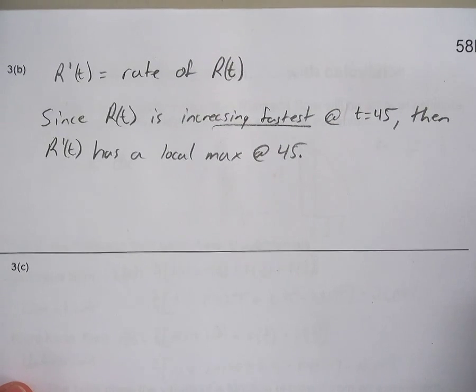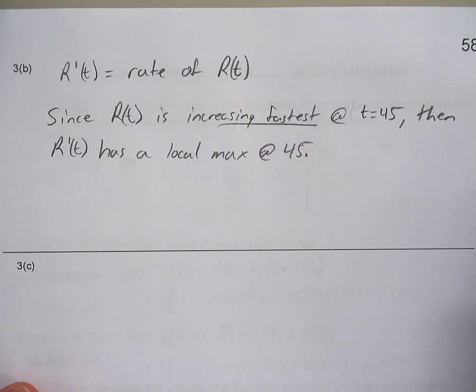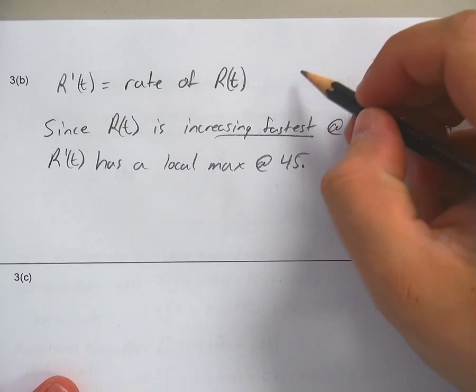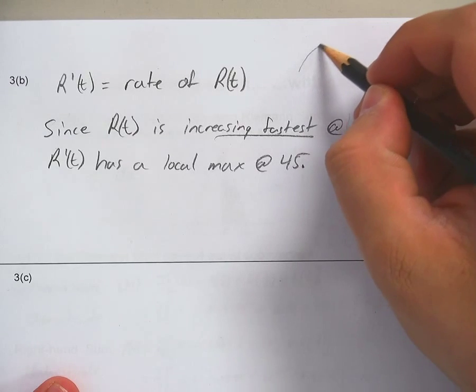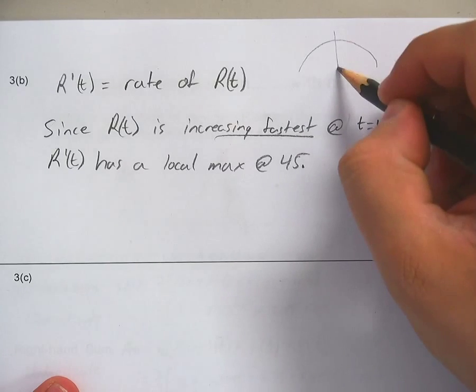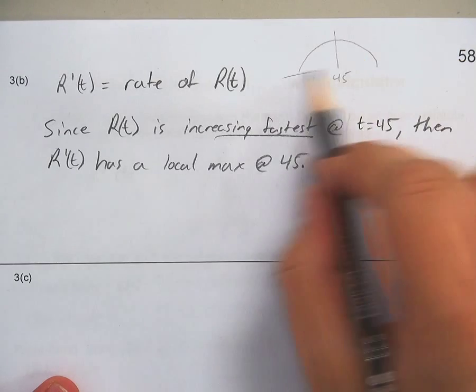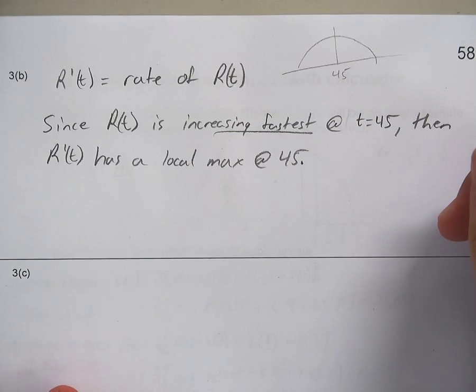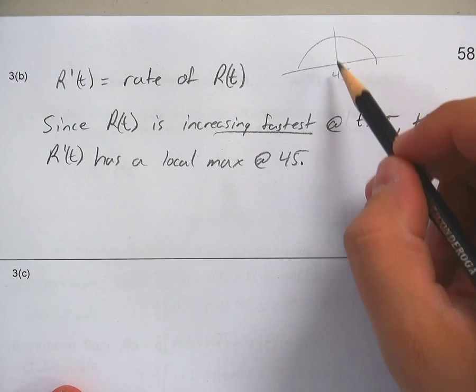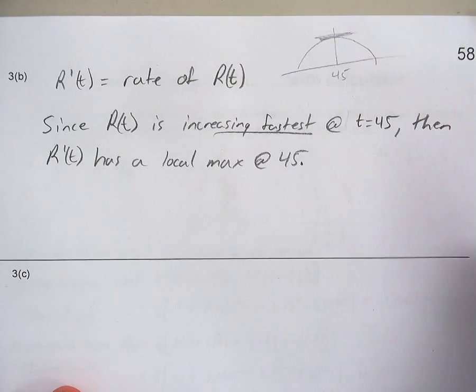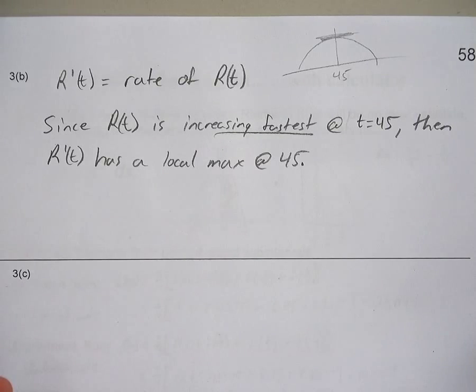Now, I want you to think about this. If your derivative has a maximum at 45, what is r double prime going to look like right here? What is the slope of this maximum? Well, it's going to be 0. So here's what we're going to say.